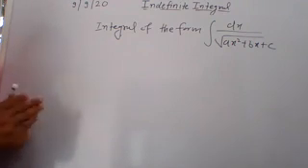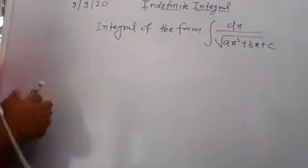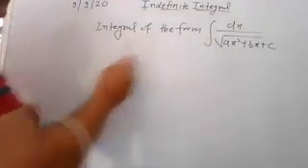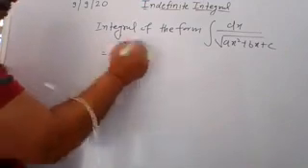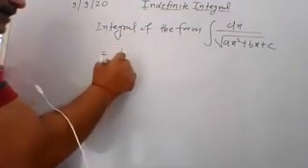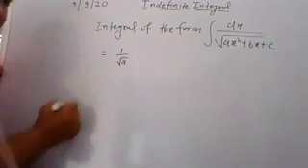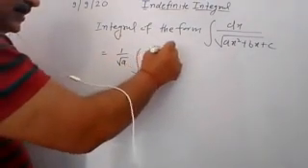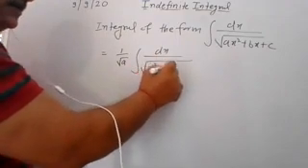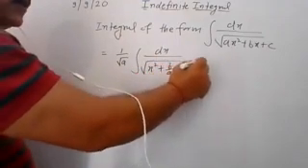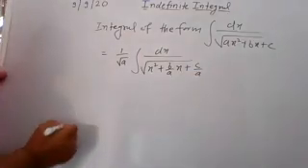Yes, your process is seen here. First of all, you have to make the coefficient of x square as 1. So you have to take a common. So that can be written as 1 upon root a, integration dx upon under root, you write here x square plus b by a into x plus c by a.